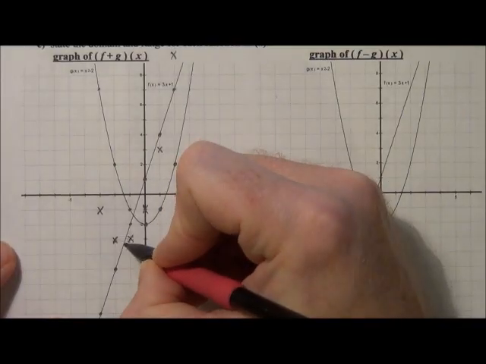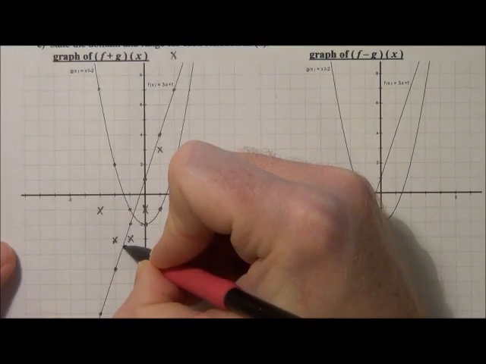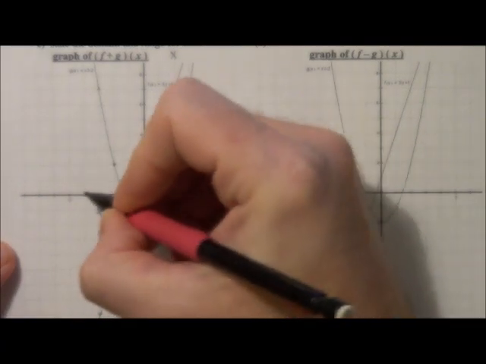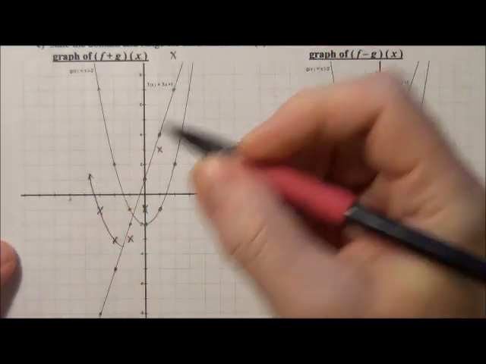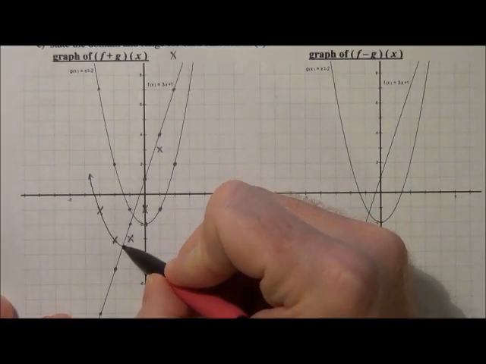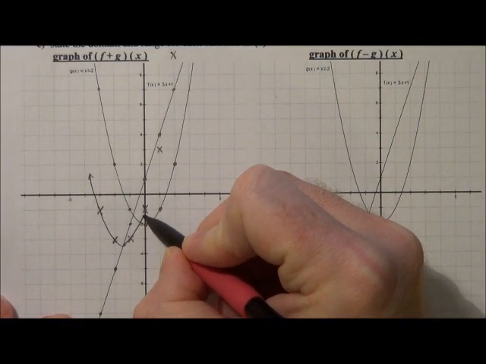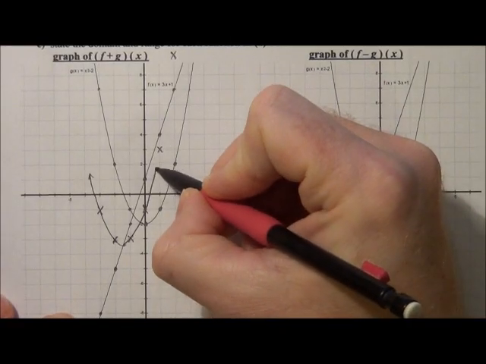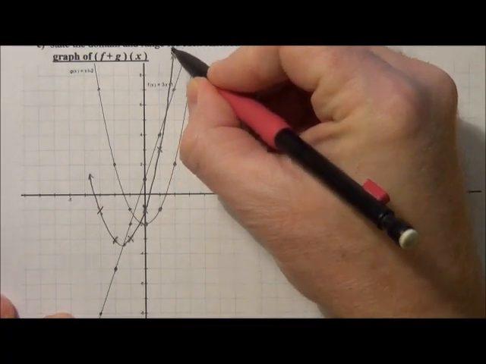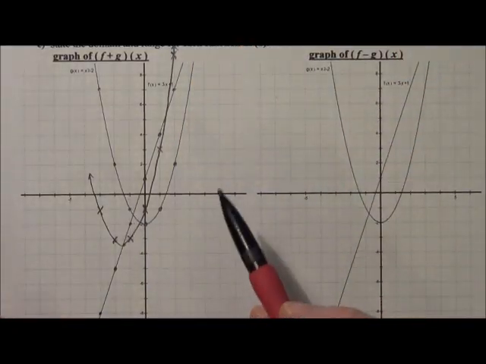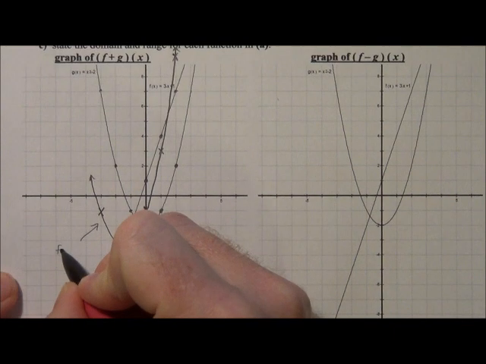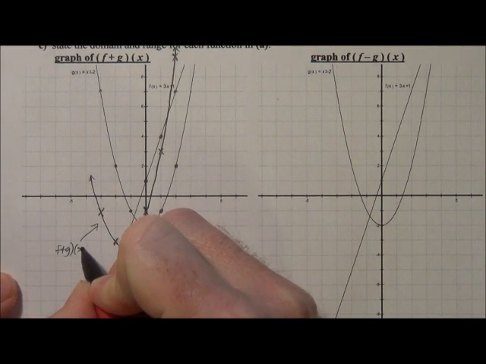And so I'm just going to do a little sketch. I'm just going to estimate where it'll be. Now we can't really know exactly where that's going to go. Well, I guess we can guess, but we'll just sketch this through. Okay, so this is the graph of f plus g of x.